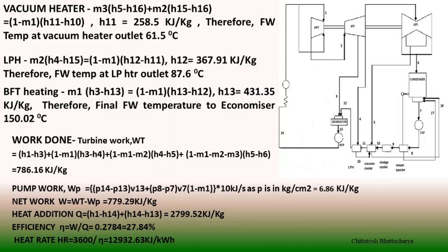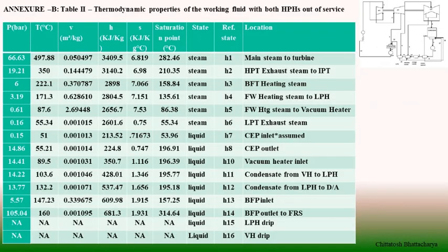Therefore efficiency comes out to be 27.84, and heat rate 12,932.63 kilojoule per kilowatt hour. So there is a significant increase in heat rate and reduction in efficiency of the cycle when HP heaters are going out of service.